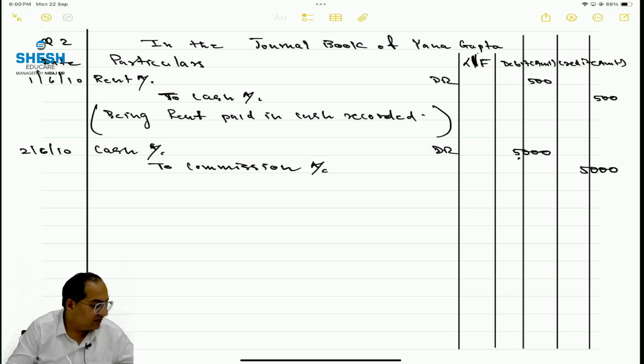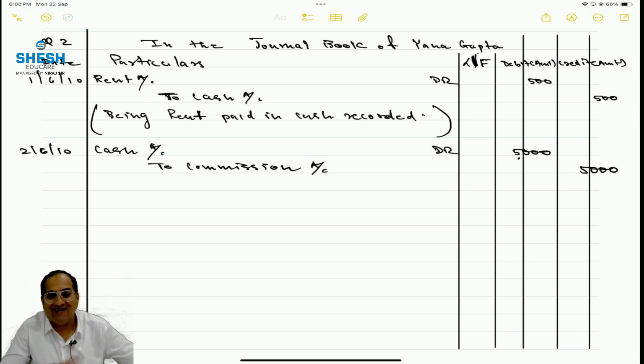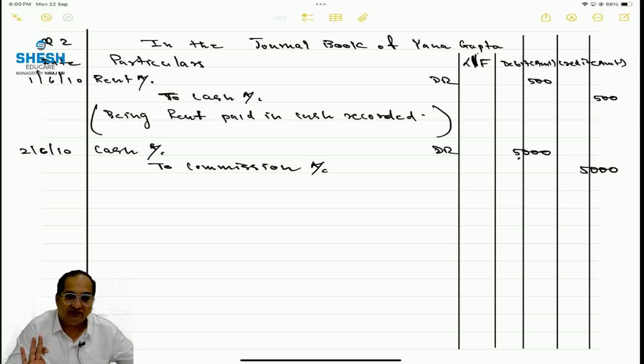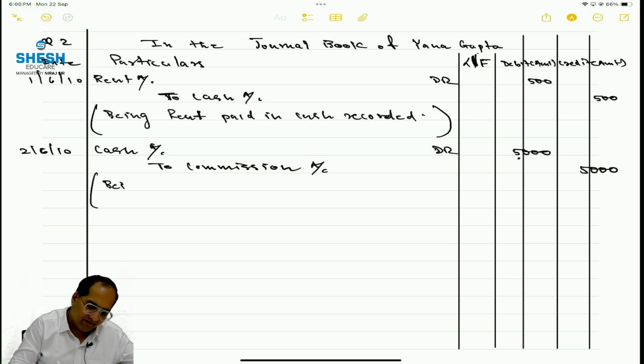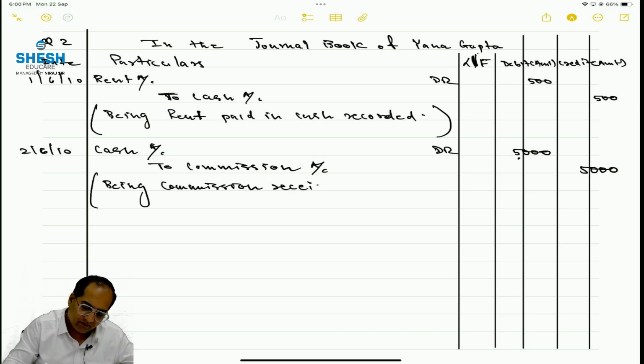Cash is coming in. Debit what comes in. Commission is my income. Nominal account rule says credit all incomes and gains. What will we write in the narration? The same, being commission received in cash.